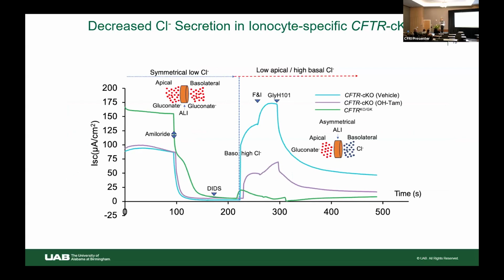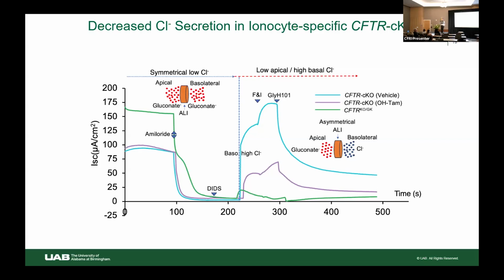Similarly, three groups here are control, conditional knockout, and CF. We can clearly see the control group showed a very large amount of chloride movement from the basolateral side to the apical side, in a secretory direction. CF showed an absence of chloride movement, and the ionocyte-specific CFTR deletion showed a reduced chloride secretion.